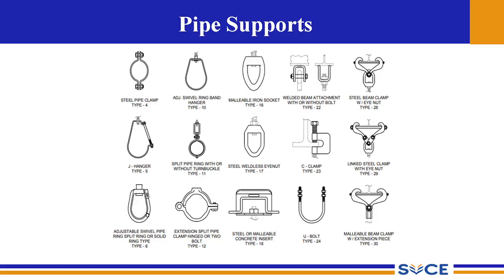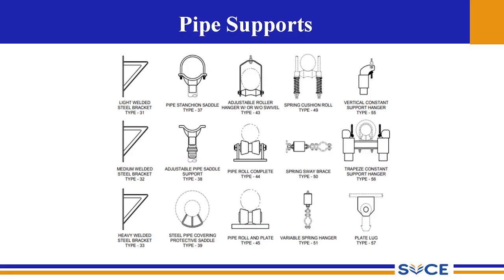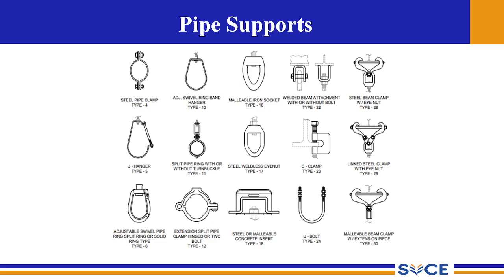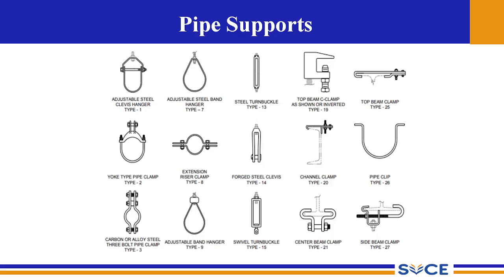Then moving on to the next type, which is the steel turnbuckle. Steel turnbuckle is the type 13. It is a device with one left hand internal threaded end and one right hand internal threaded end. These are used to join two threaded rods and provide for a vertical adjustment.